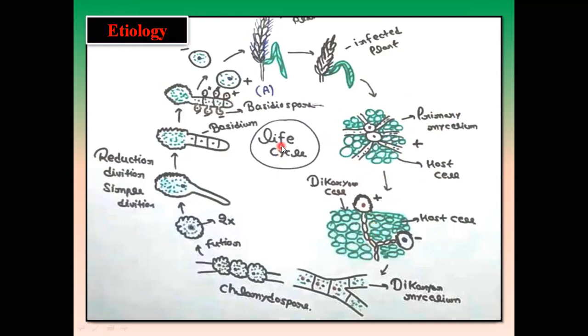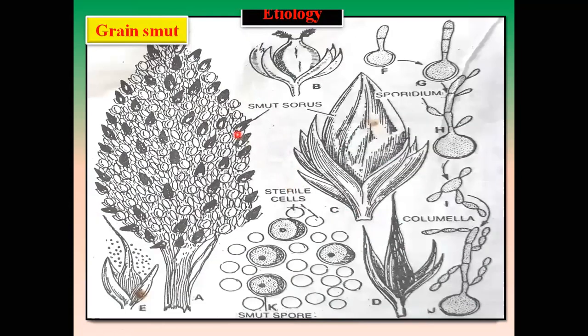So this is the life cycle or disease cycle of the Sporosporium or Phasolotheca pathogens. Okay, so in grain smut, healthy grains become infected and produce the sorus.